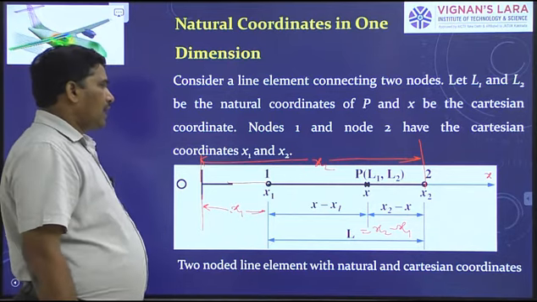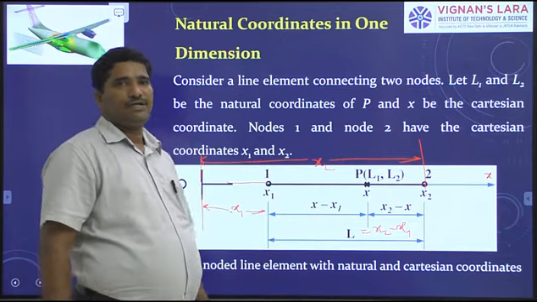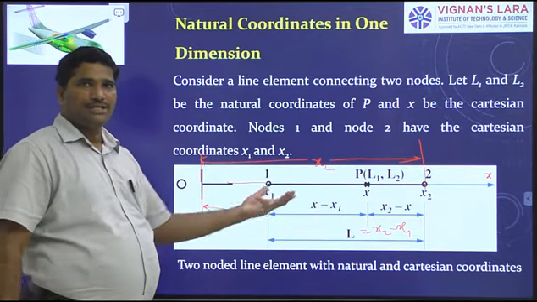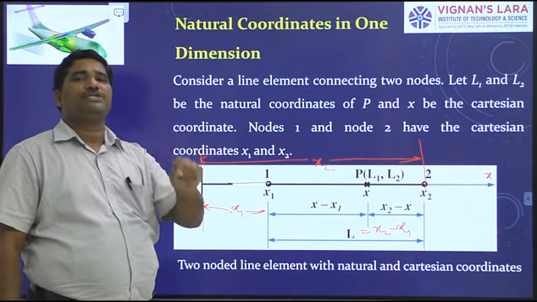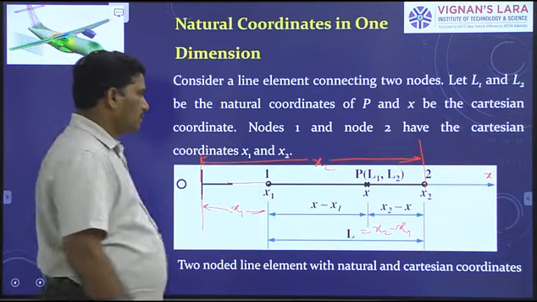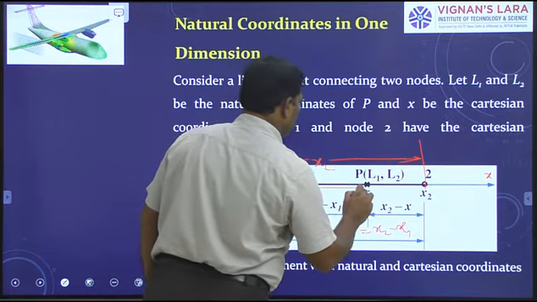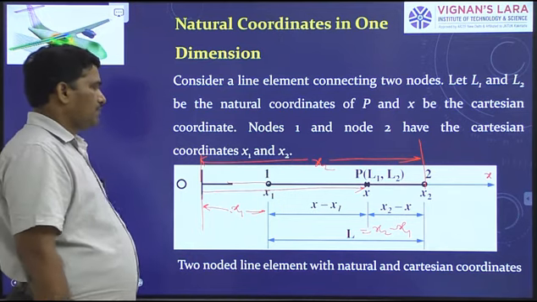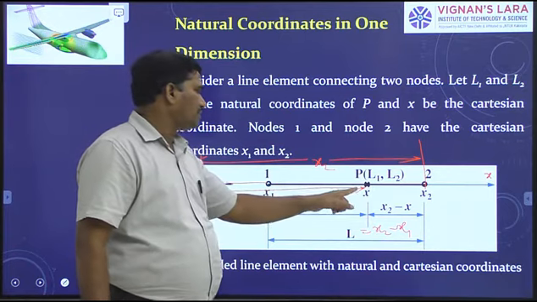Now, I take a point, say P, on the element between the ends, which is specified by the coordinate x. Because it is a one-dimensional problem, we want only one coordinate to specify a point on the domain. That is x. Point P is distant x units from O. Now, tell me with respect to node 1, what is the distance of x?